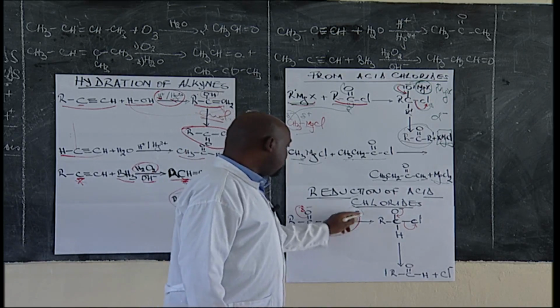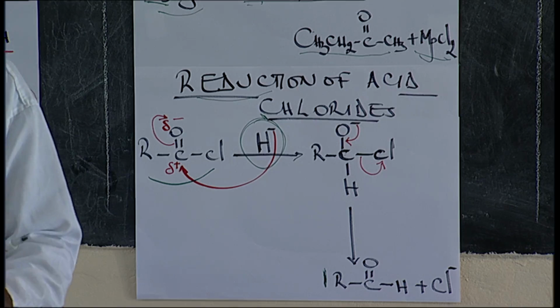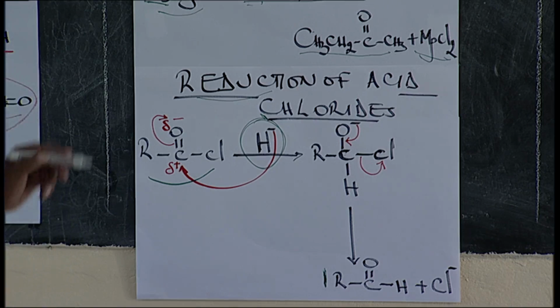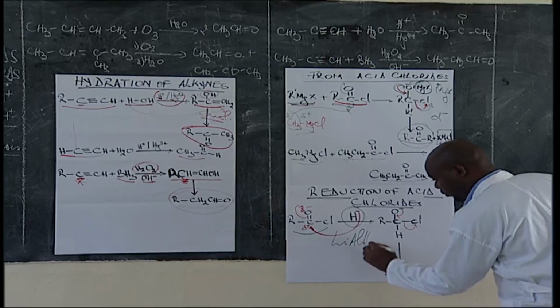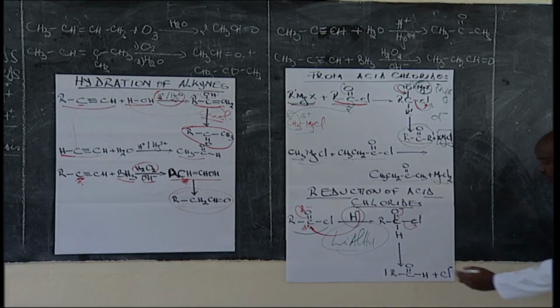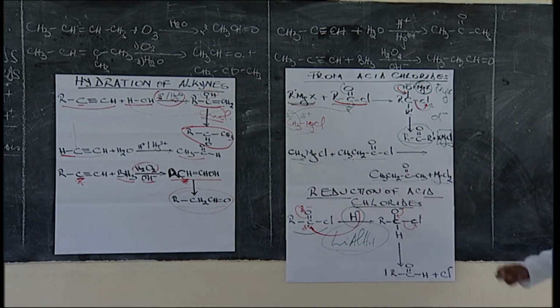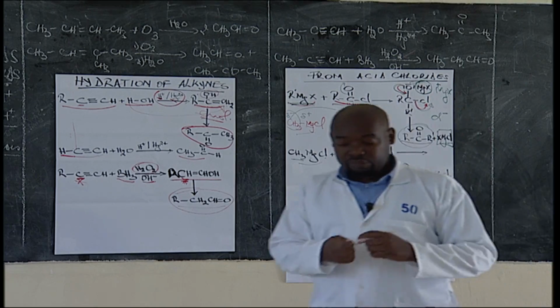We always use this hydride. You have to remember that hydrides can be produced from lithium aluminium hydride, but because those ones, the common ones like lithium aluminium hydride, the one we know is this one. It is a strong reducing agent which cannot give you an aldehyde. So we use some other weak reducing agents.